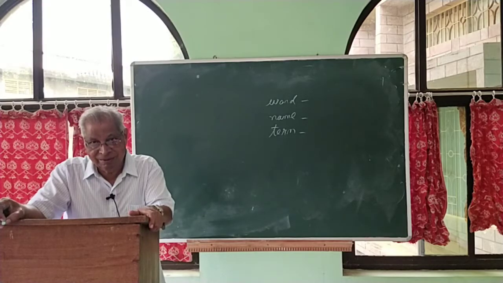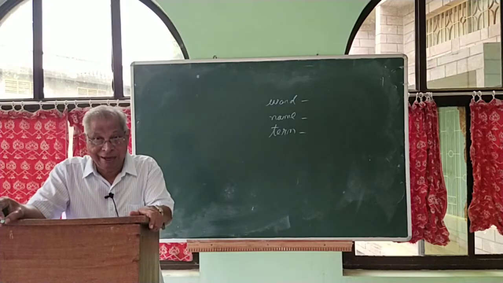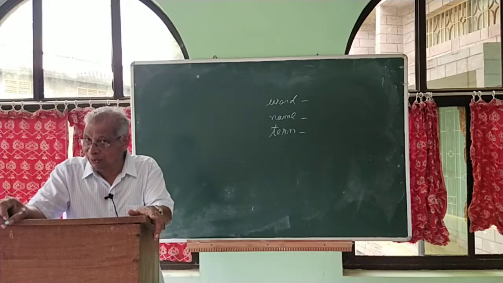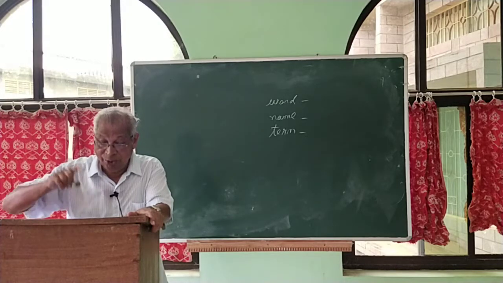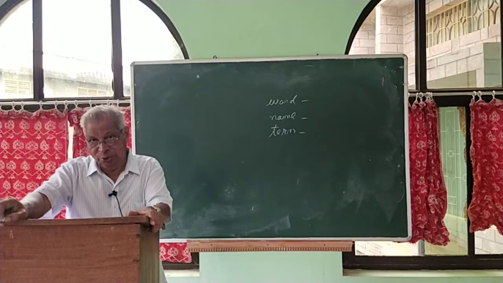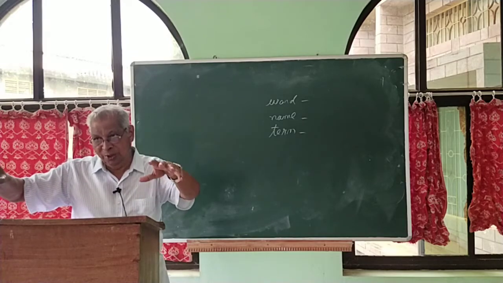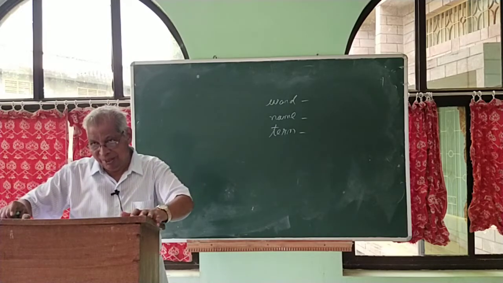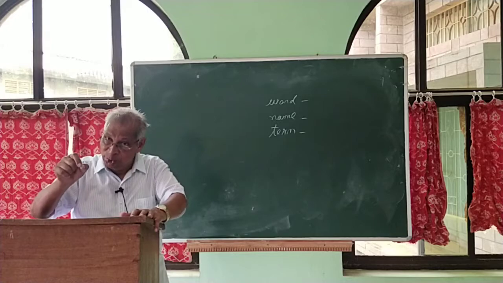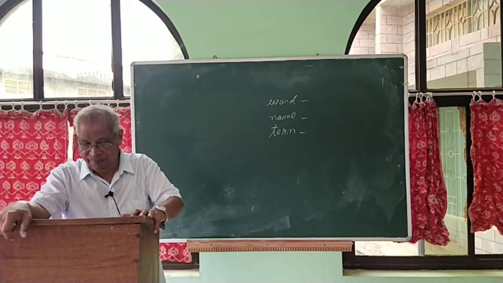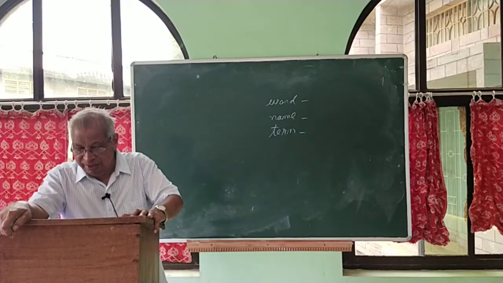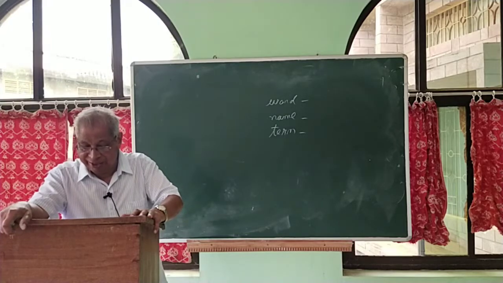They cannot be used as subject or predicate. Therefore, they are not names. So names are only those word or words which can be used as subject or predicate of a proposition. Then the third one is a term.